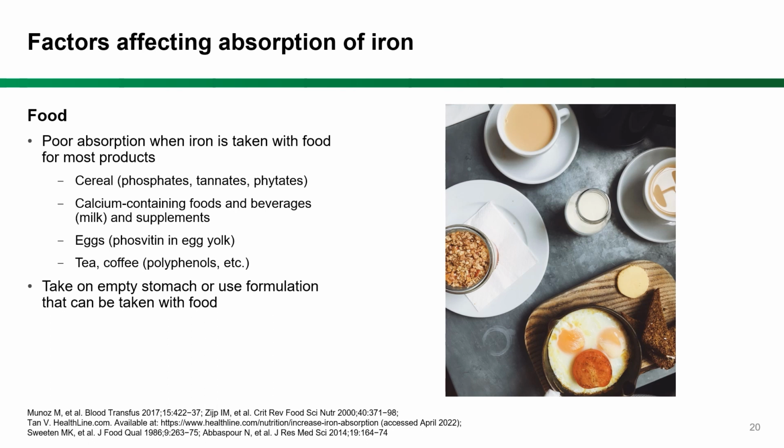There are other factors that can also affect the absorption of iron, specifically in food. For instance, iron is poorly absorbed when you take it with certain other types of food.